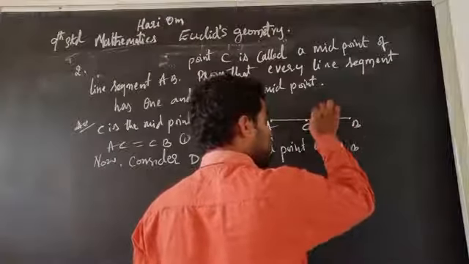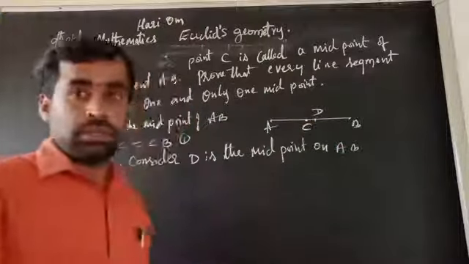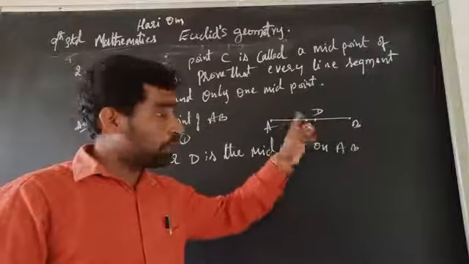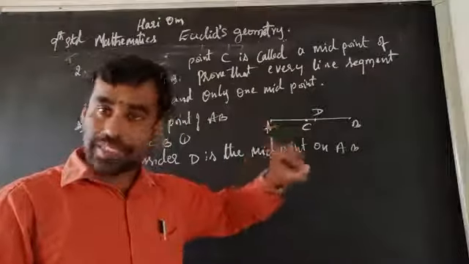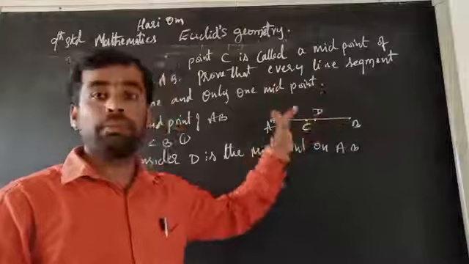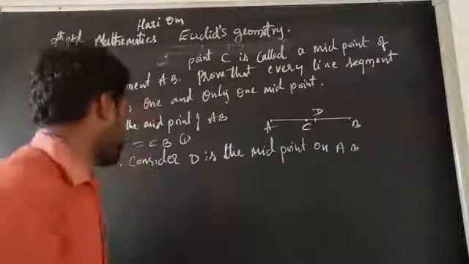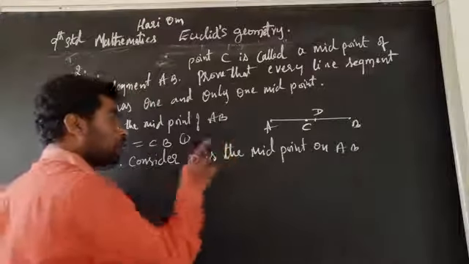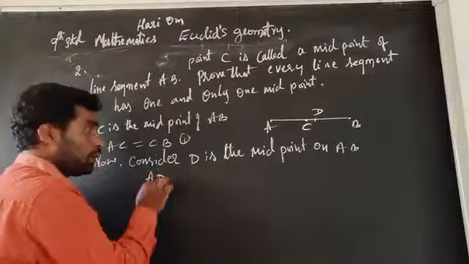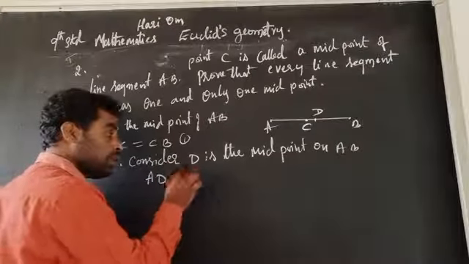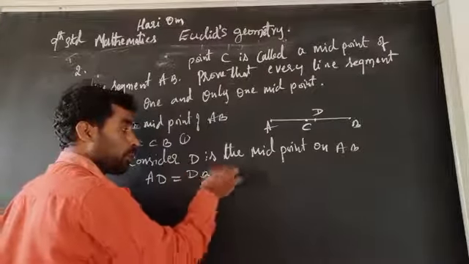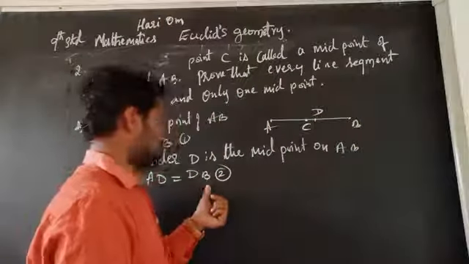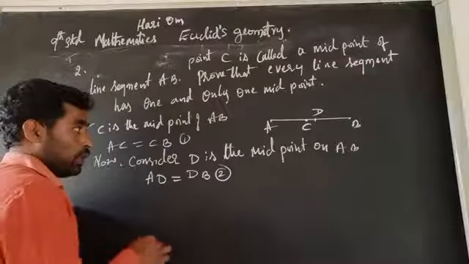Now I'm considering another midpoint D on AB. So by the given C is the midpoint, and we are considering D is the midpoint on AB. Is it just right? Now, when D is the midpoint, what will become? AD is equal to DB. Equation number 2. Is it clear? This is equation number 2.